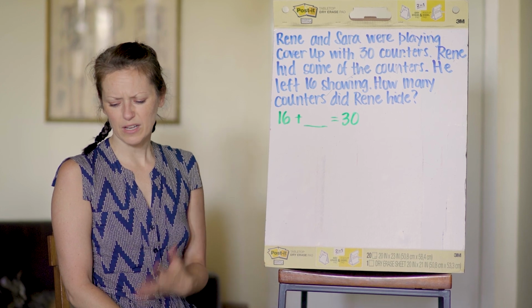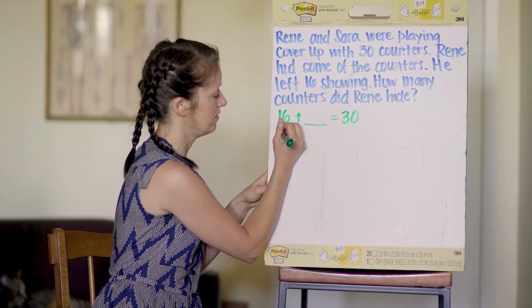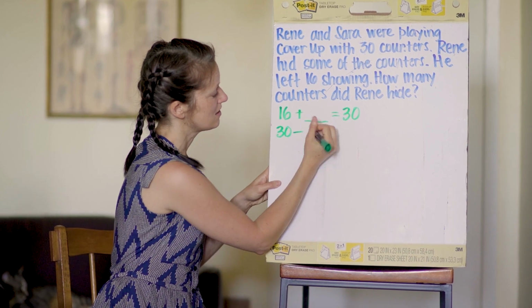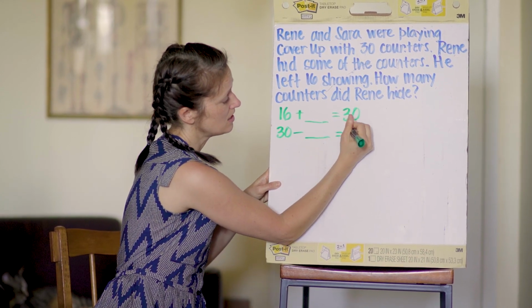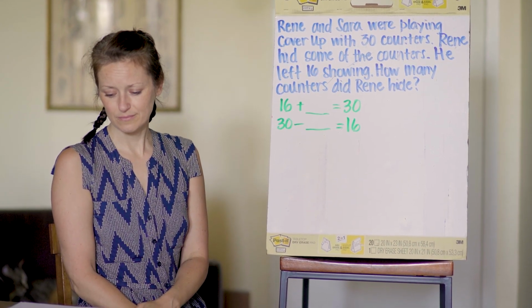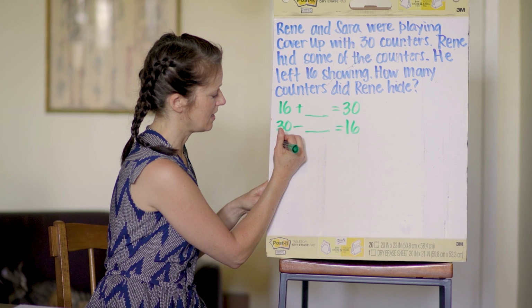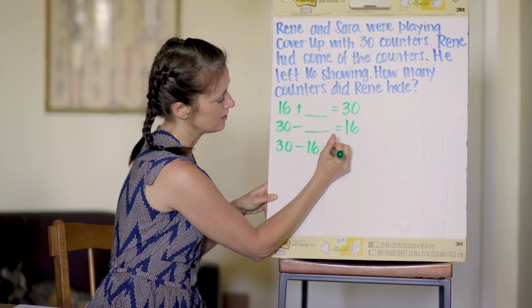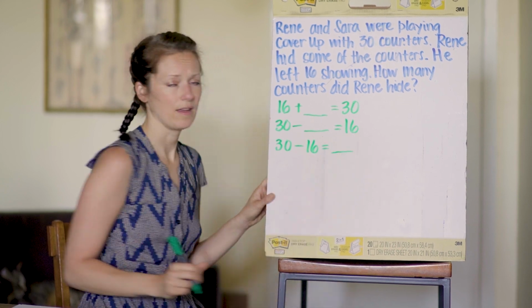The other one we could say, well, they started out with 30, and then they subtracted some, and they ended up with 16. Or you could even say they started off with 30 counters, I know there are 16 left, so how many did they take away?